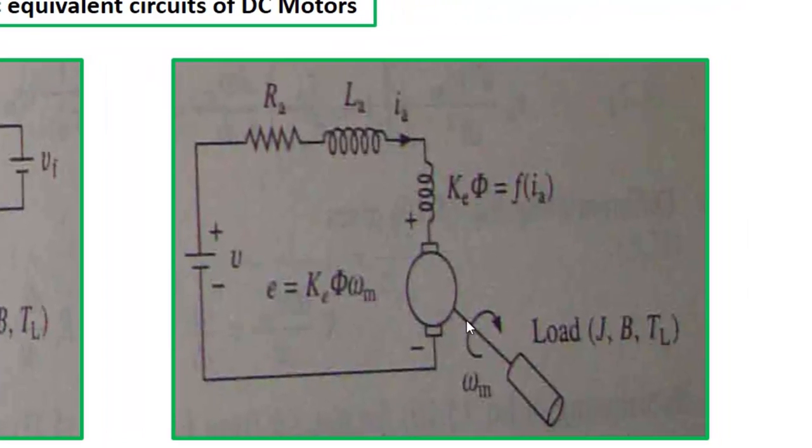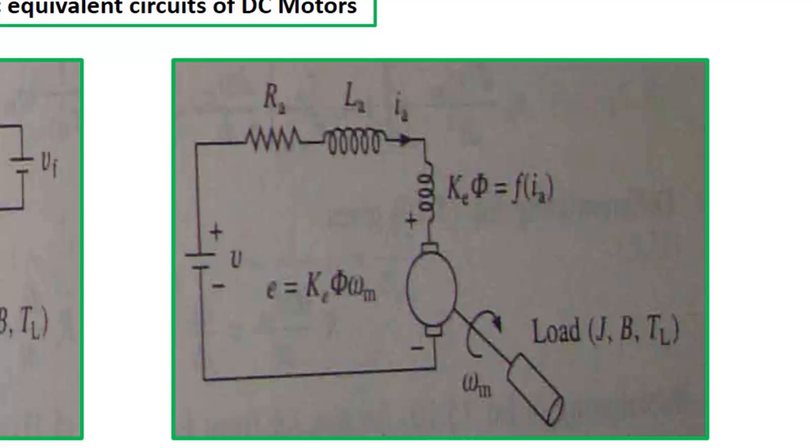Let's discuss the DC series motor. Likewise, here it is the supply voltage for the armature, then armature resistance, inductance of the armature, and armature current. This is the field winding of the DC series motor. The back EMF is E equals K phi omega m, which depends upon the armature current, and this phi can be represented as Kf into Ia.